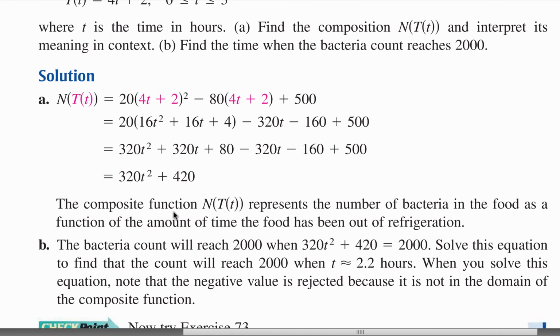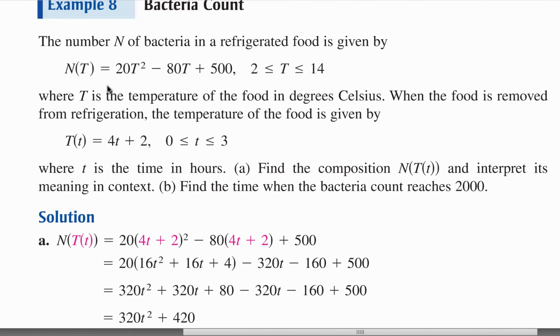So the composition function, N of t, we're putting it in context now, represents the number of bacteria in food, that's the capital N, as a function of the amount of time the food has been out of the refrigerator. Originally, this was the number of bacteria as a function of temperature, Celsius.